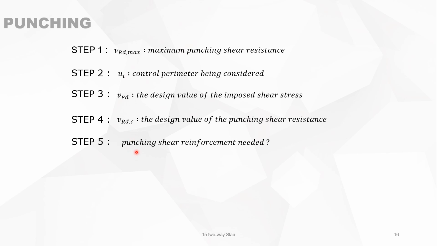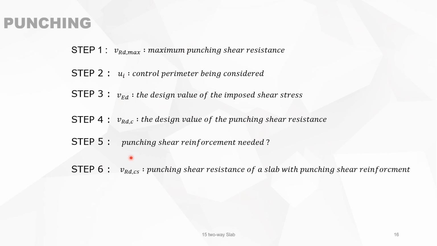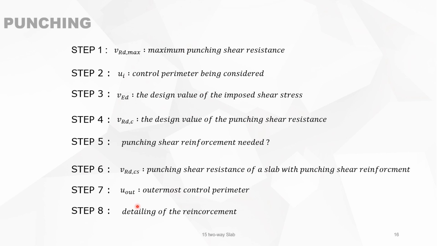Then we decide if punching shear reinforcement is needed, yes or no. If yes, then we calculate the punching shear resistance of a slab with the punching shear reinforcement, and we check the outermost control parameter, and after that we take care of the detailing of the reinforcement. So we have 8 steps to reinforce against punching.